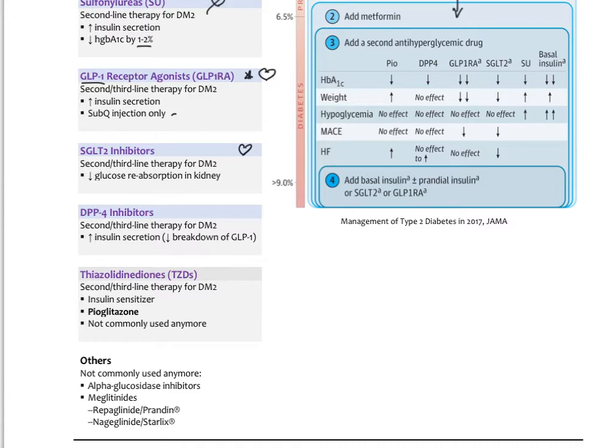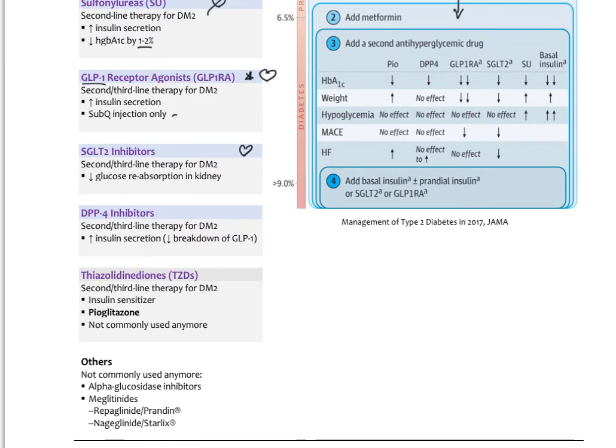And so pioglitazone is still on the market, and that is a second or third line agent for type 2 diabetes. Very few people use this anymore because of the safety concern about the other medication in this class. A lot of people don't trust this drug, and so I don't see a lot of practitioners prescribing this, but it is still considered a second or third line agent on the list.